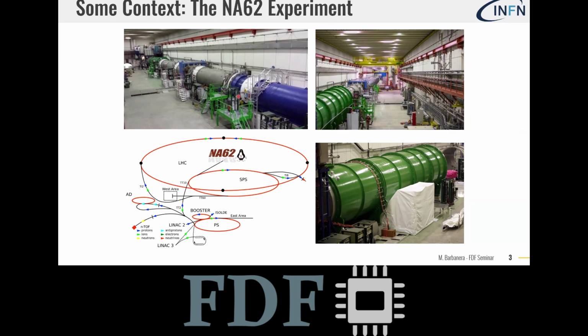You can see two pictures of the cavern of the experiment, and more specifically, the gateware was produced for the RICH detector, and you can see it here in green.